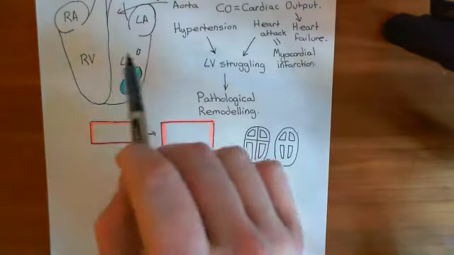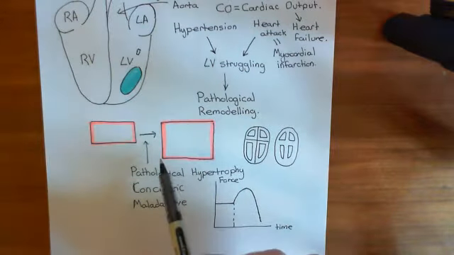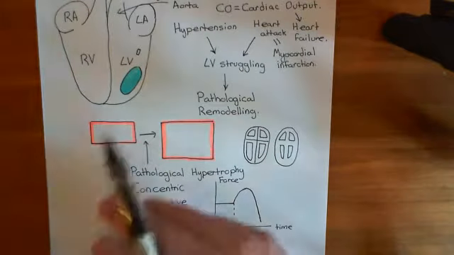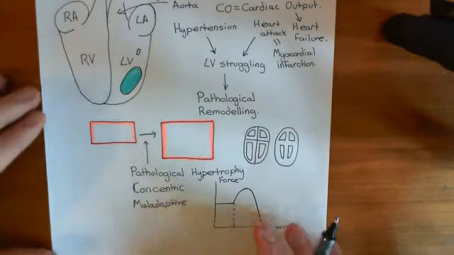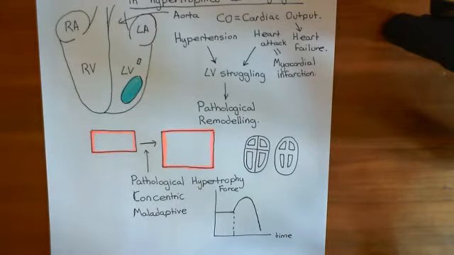And as more and more of the cardiomyocytes in the heart go to this pathologically hypertrophied form, the force that the left ventricle is capable of producing goes down and down and down. That means that the amount of blood the left ventricle is ejecting into the aorta goes down and down. So the cardiac output, the amount of blood it ejects in a minute, goes down.